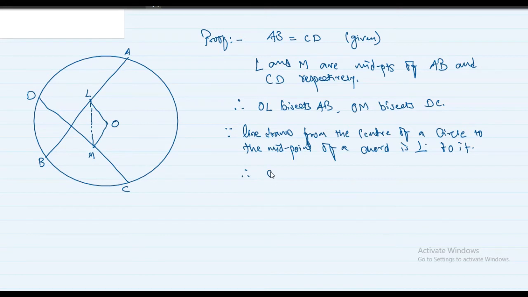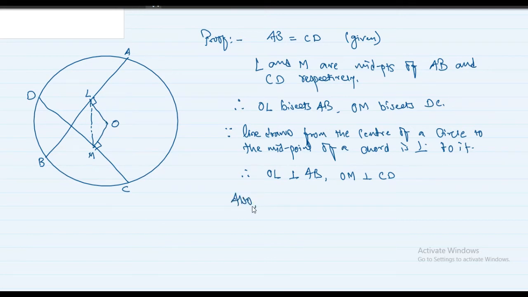Therefore, OL is perpendicular to AB and OM is perpendicular to CD. Why? Because the line drawn from the center of a circle to the midpoint of a chord is perpendicular to the chord. So this angle is 90 degrees. Also this angle is 90 degrees. Right? This we have proved.